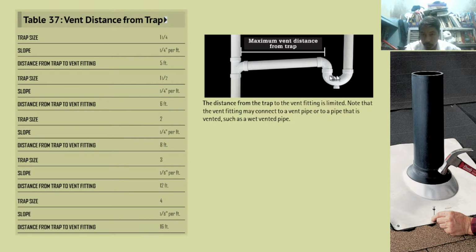The trap size of this pipe is 4 inches, meaning the diameter of this pipe, 4 inches. What must be the maximum distance? So divide. So 4 divided by 1/8. So that is 16 feet. Okay, so take note.